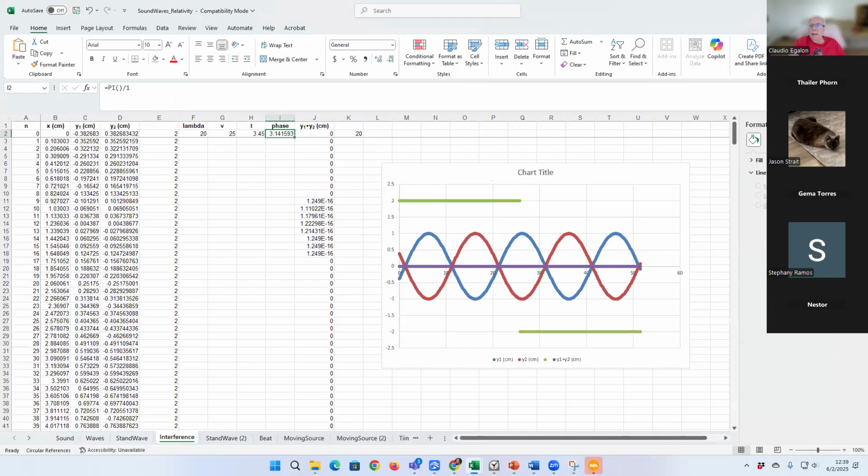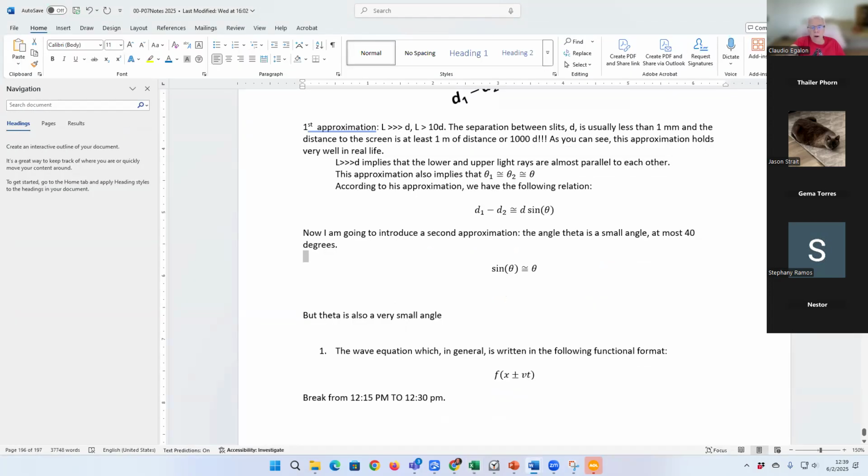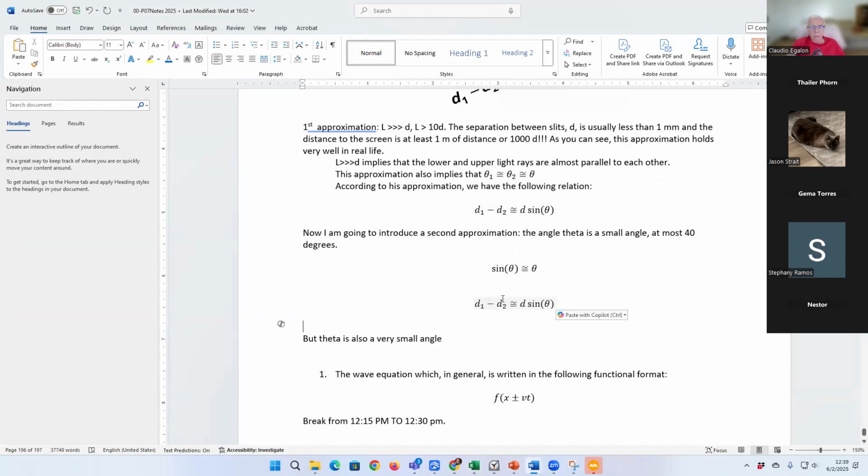So I proved to you that small angles for us can be all the way up to 40 degrees. But if you want to be conservative, you can restrict your measurements to at most 30 degrees. Okay? So that's the approximation that we have. And now that we have the second approximation, all right?